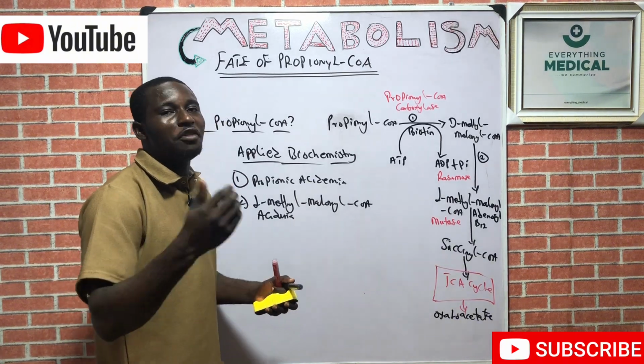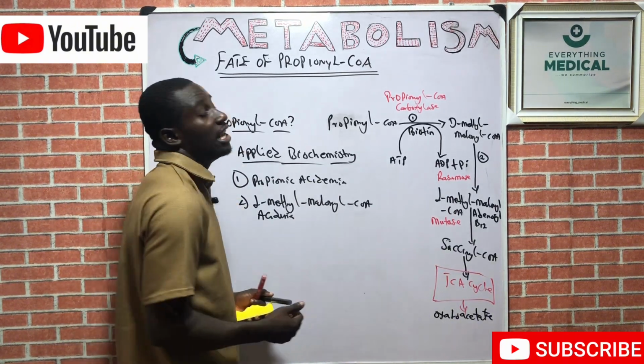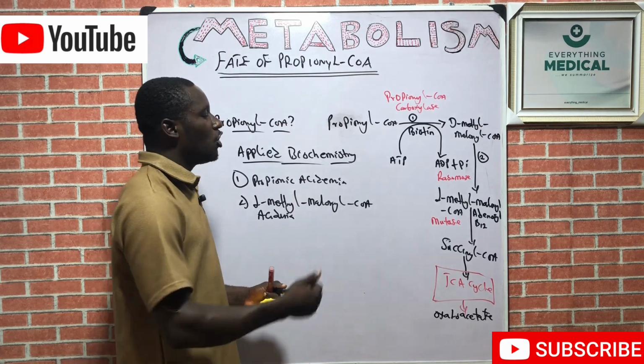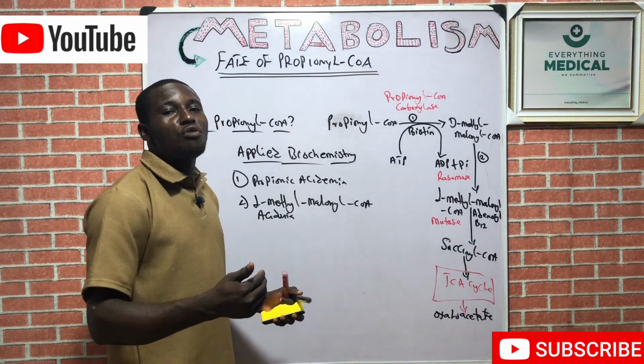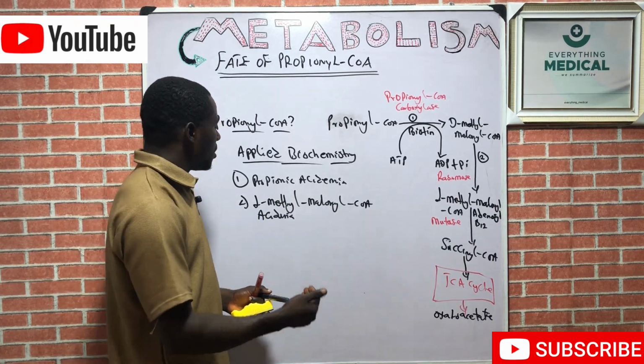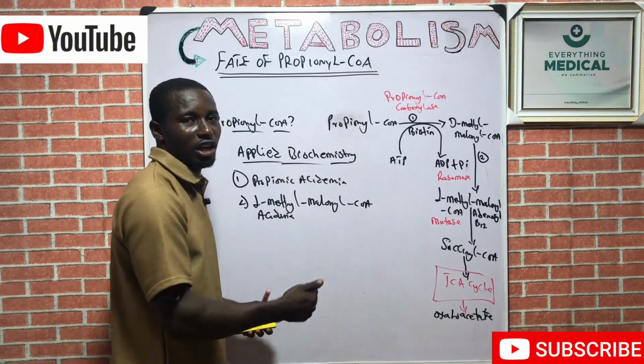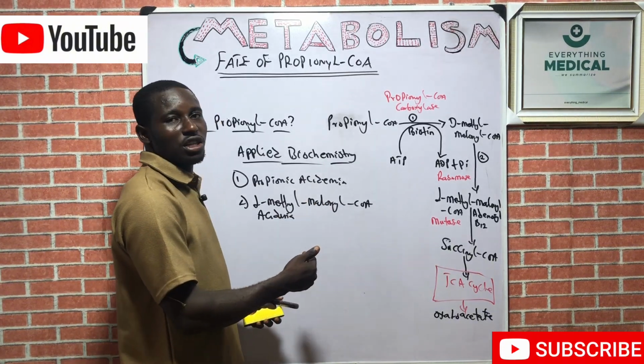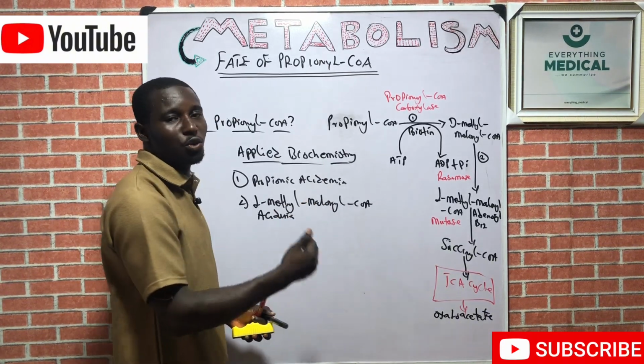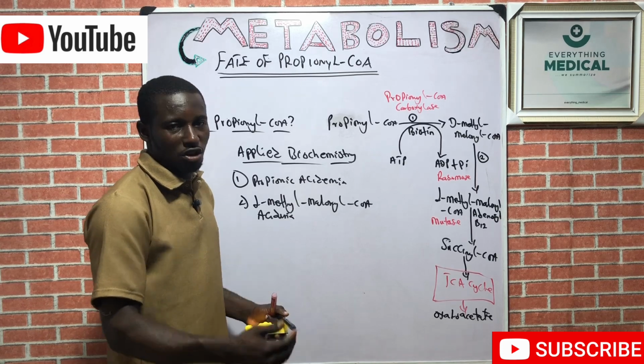It is the deficiency of what? Mutase enzyme. Because once mutase enzyme is deficient, there will be an elevated level of L-methylmalonyl-CoA in the blood. I mean, in the urine. That is how it works.